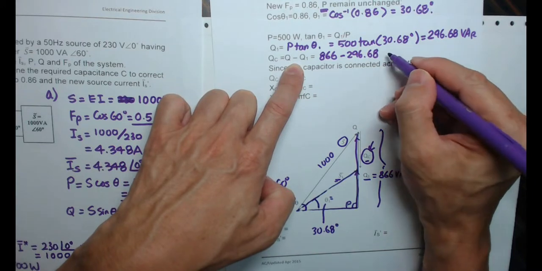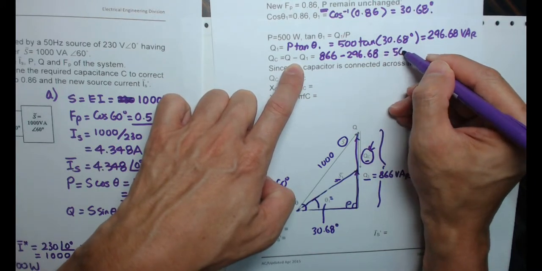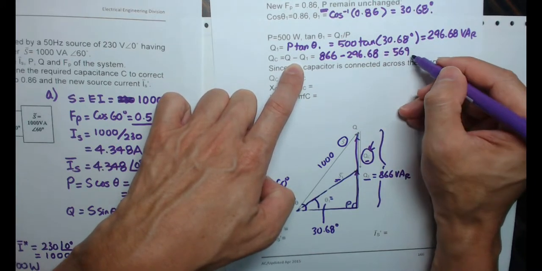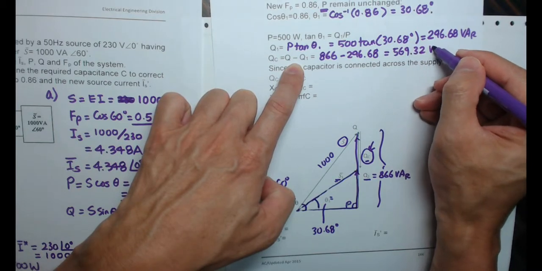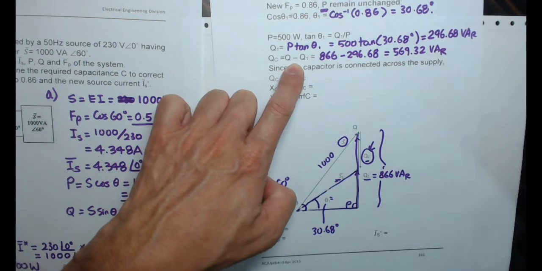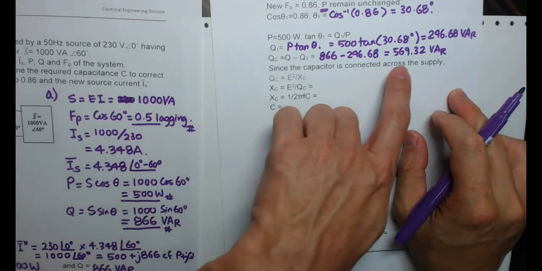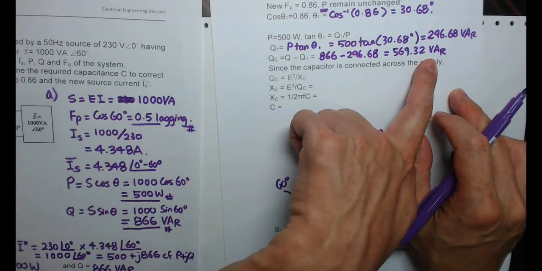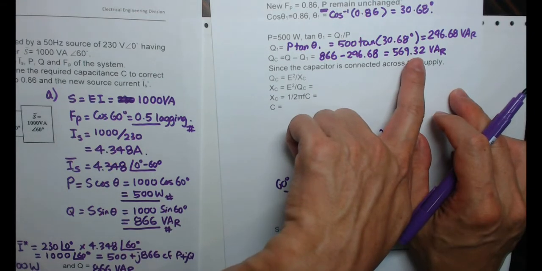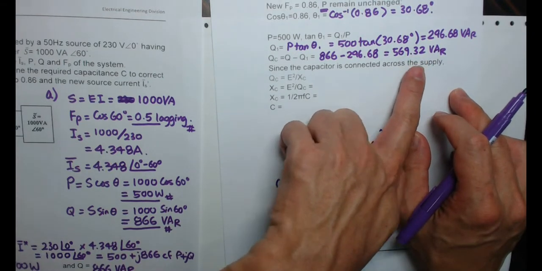So that will give me 569.32 VAR. Okay, so I need to introduce a capacitor into the system that will give me so much reactive power.